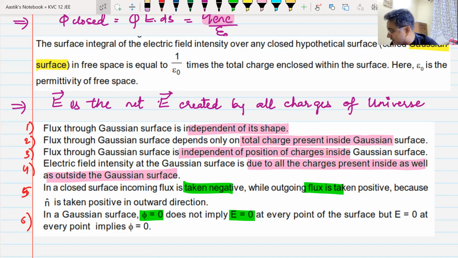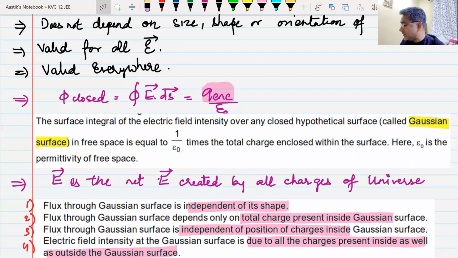That closed surface is known as your Gaussian surface. And in that flux, this electric field, which I'm going to highlight in yellow, is the net electric field produced by all the charges everywhere in the universe. So remember that. That's why Gauss law becomes a very big concept.